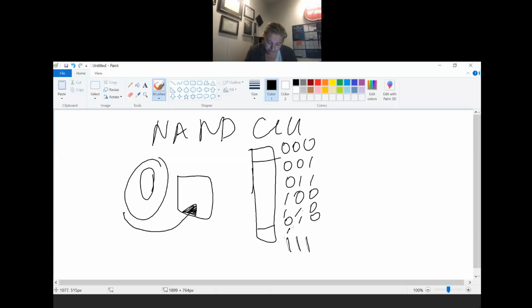What am I missing here? 1, 0, 1. Yes. So those are the different conditions that can be written into the cell depending on how much charge the cell is losing. So we can encode up to 3 bits of data in each cell.